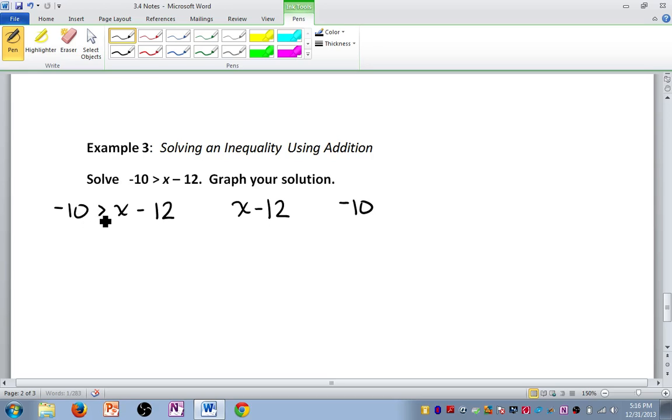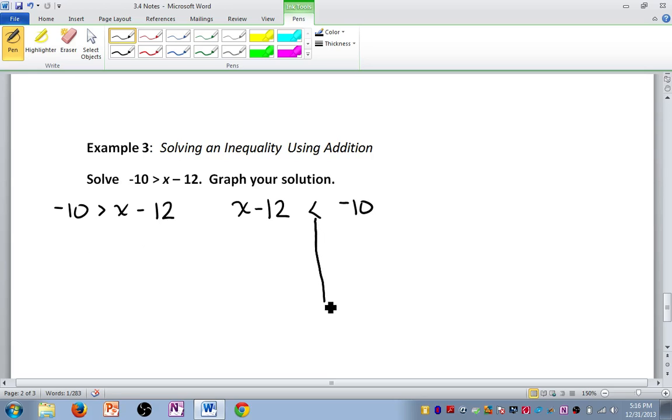So when I rewrite it, I need to make sure that that symbol is facing the correct way. Since I switched sides, I also need to reverse the direction that my symbol is facing. Don't forget to reverse your symbol if you're reversing the sides of the inequality.